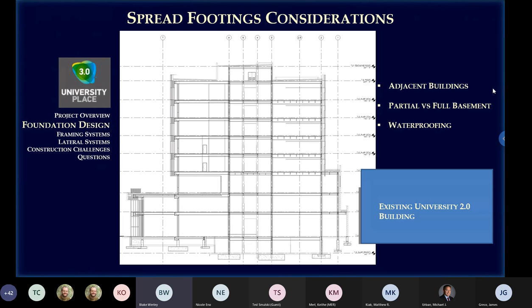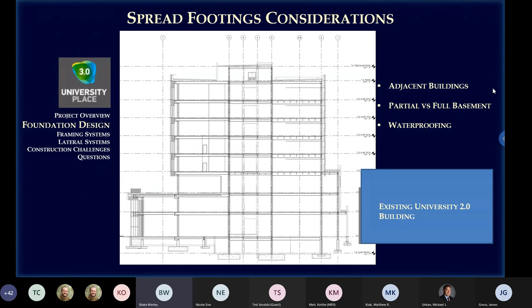So by pulling that back and stepping the footings down, we could avoid impacting and influencing the adjacent 2.0 footings, and give us an almost full footprint of a basement.